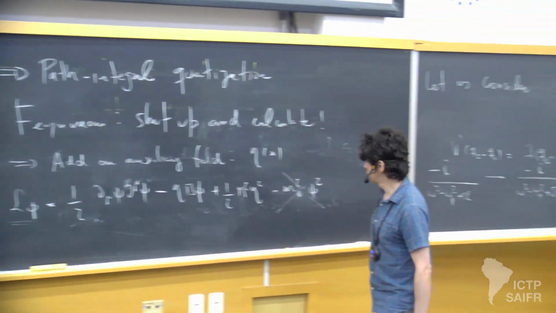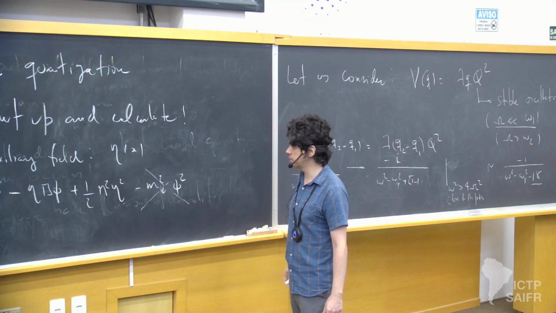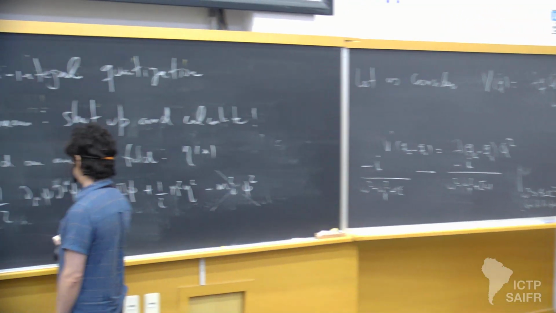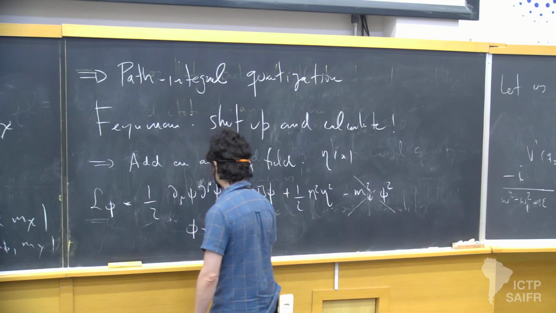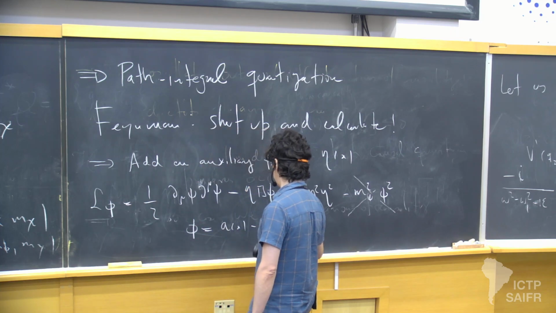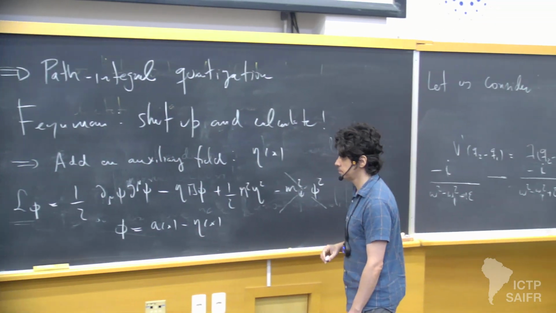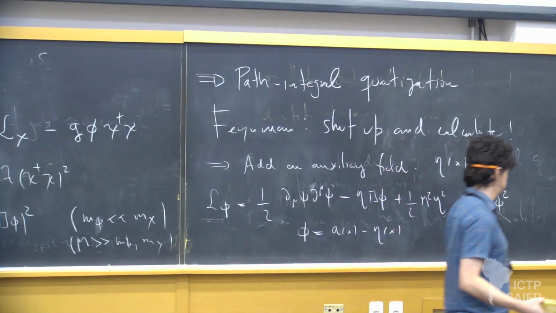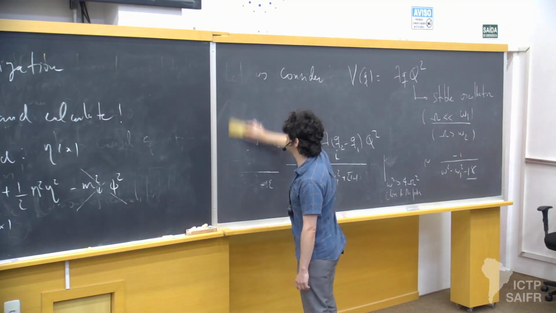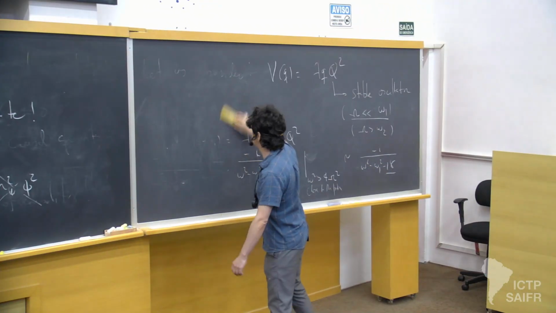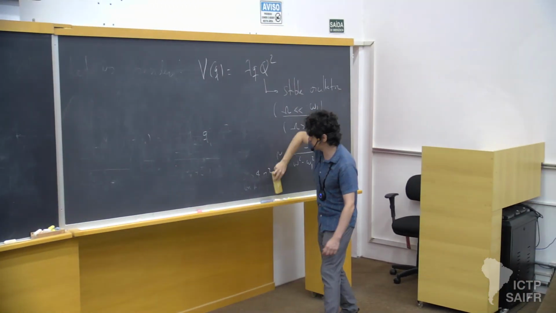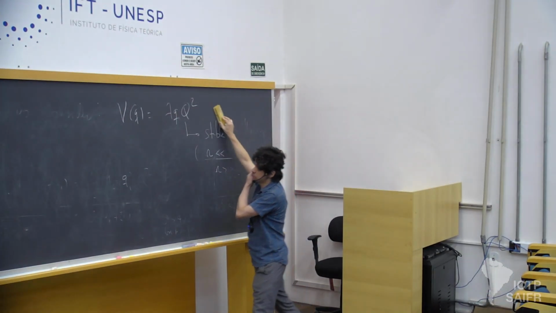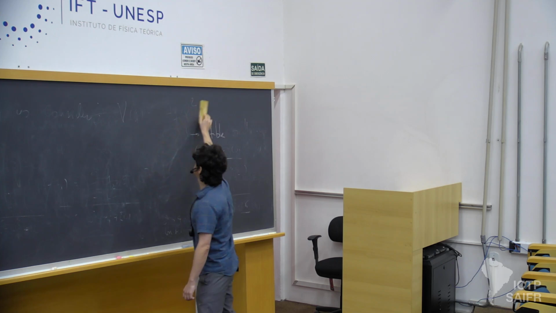You can proceed with it, but let's keep it simple. Now you define a field which I call A. So I do this splitting, and then I go to the path integral again. After these definitions, I find, in the same way that I did for the Pais-Uhlenbeck oscillator, two terms.